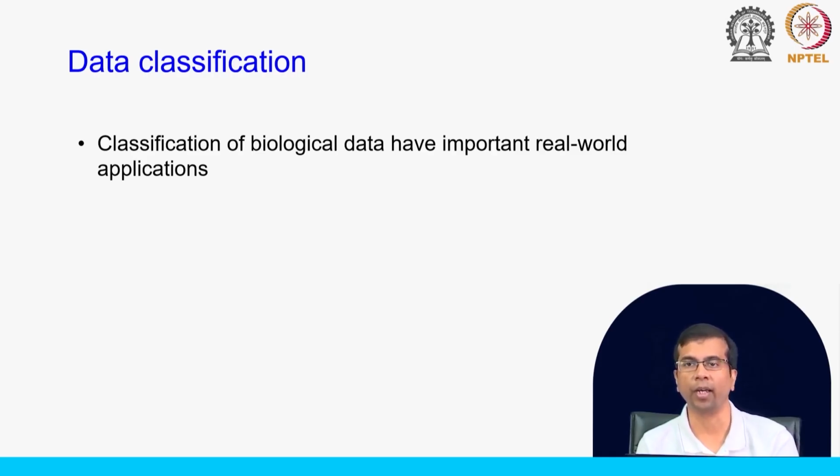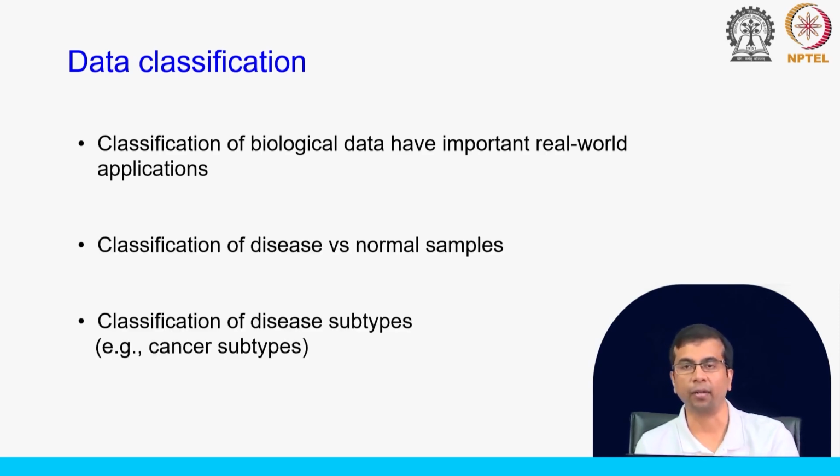For example, we are looking at data from patients and samples, where we have to classify them according to whether they fall into the normal category or the disease category. This kind of predictive approach could be very useful for, for example, diagnostic purposes.